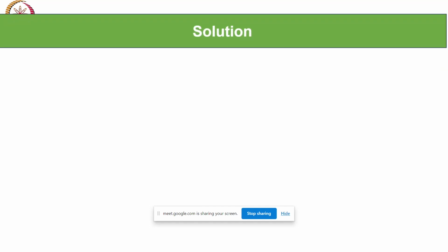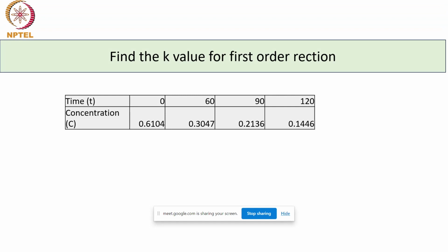The C you will be considering is the C at a particular time, and C naught will be your 0.6104. Okay. Did you people understand what I'm telling?